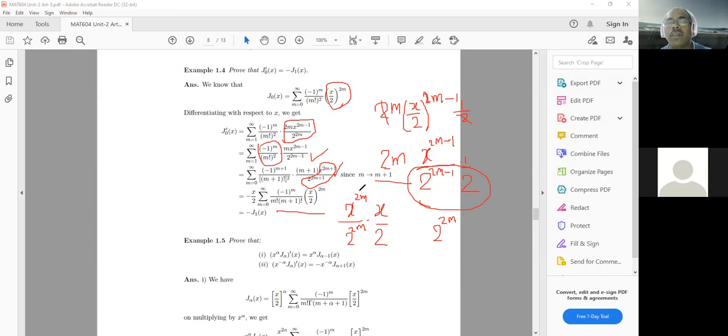So this is same as x to the power 2m plus 1 in the numerator, and 2 to the power 2m plus 1 in the denominator, and we take this outside the summation, and we get x by 2 here. Why we are getting this? Because of this minus, right?